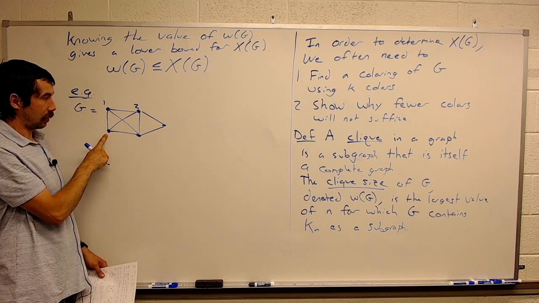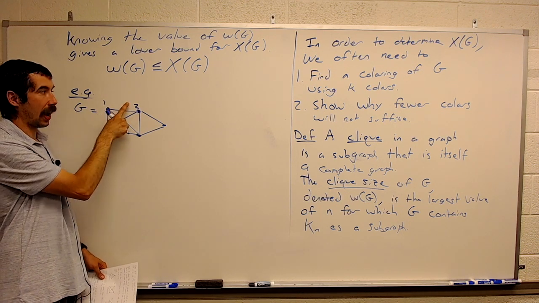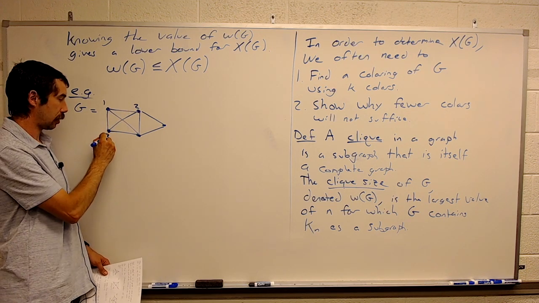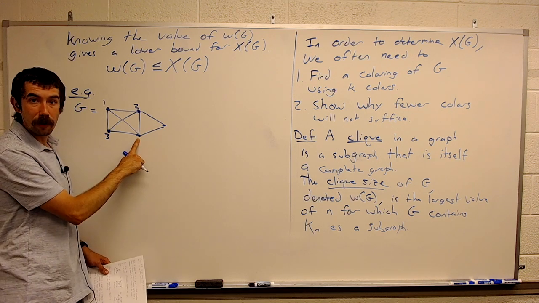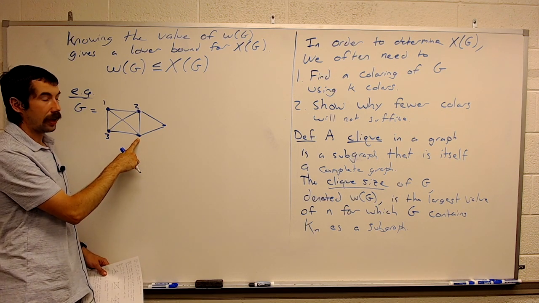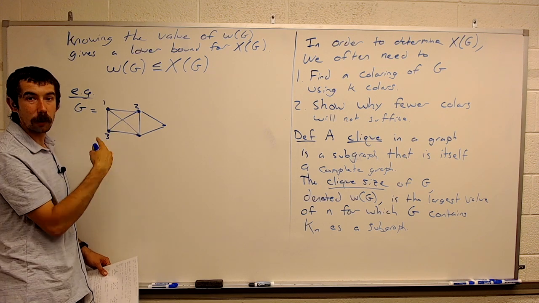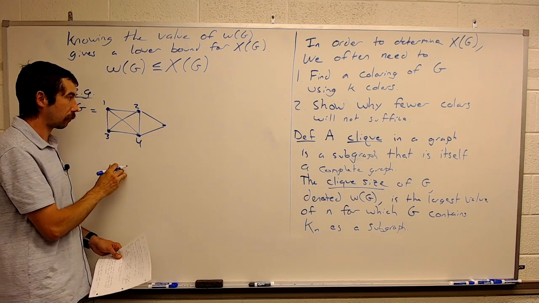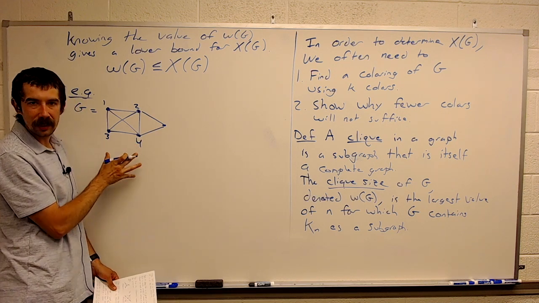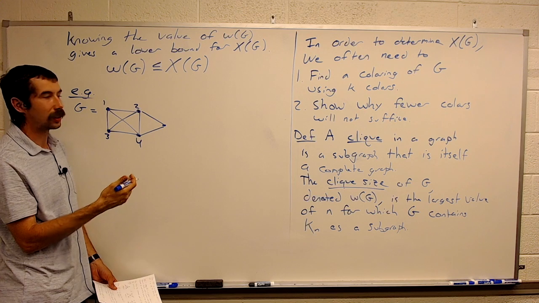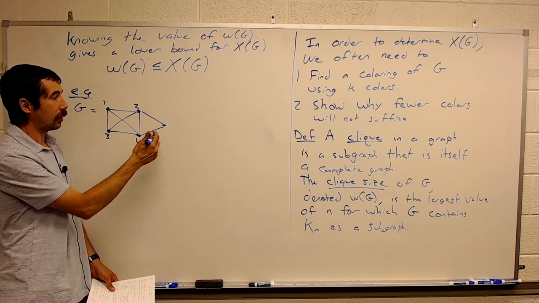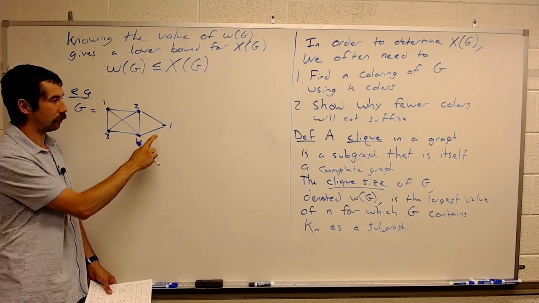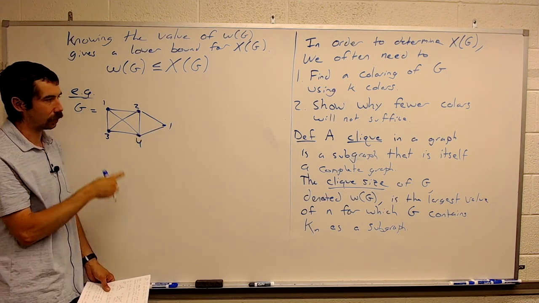This vertex is neighbors with both 1 and 2, so it can't get the label of 1 or 2. So let's call it 3. And the final vertex in our clique is neighbors with 1, 2, and 3, so it can't get a color of 1, 2, or 3. We have to introduce a fourth color. So when we just look at the clique, we have to use at least as many colors as there are in the clique. And in this case, we could just reuse one of the old colors to get this last one. So the chromatic number here actually is 4.